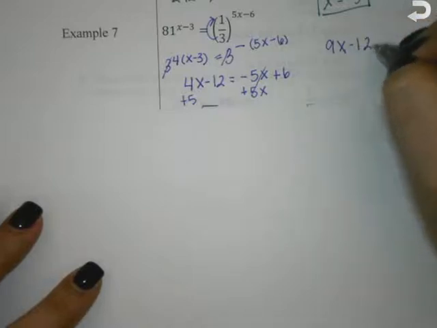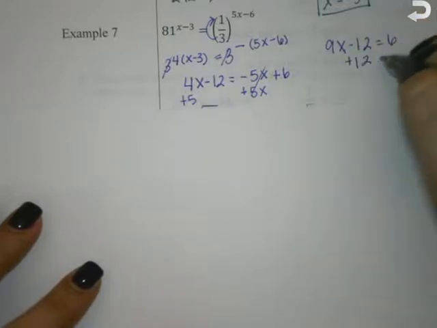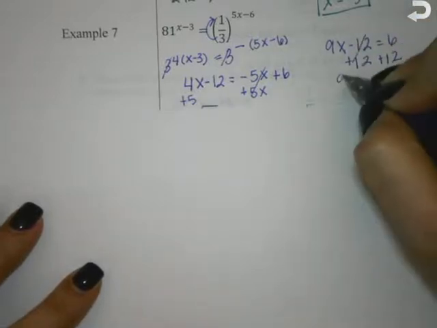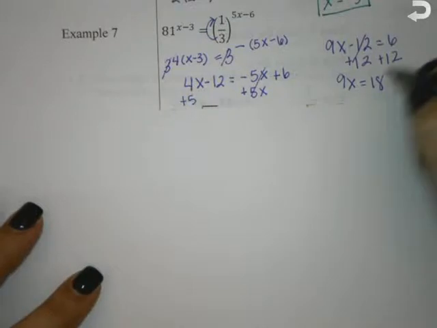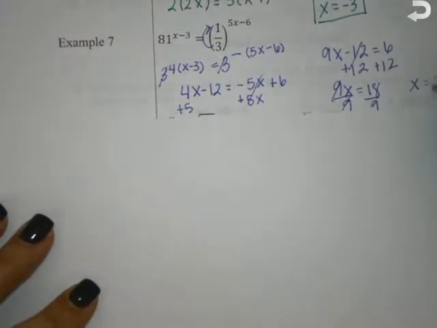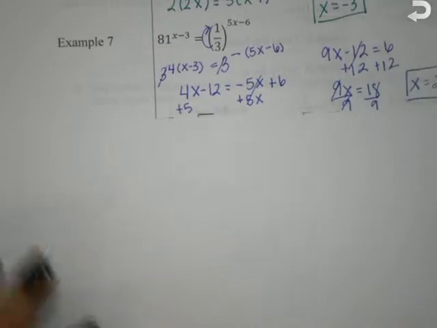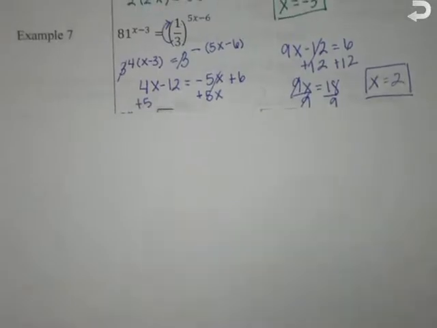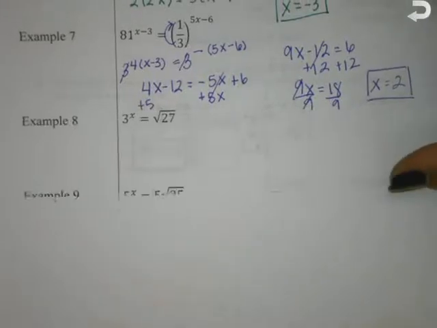Add 12. So we get 9x equals 18. So x equals 2. Okay, so Stephen wanted to make it harder. So, number 8.